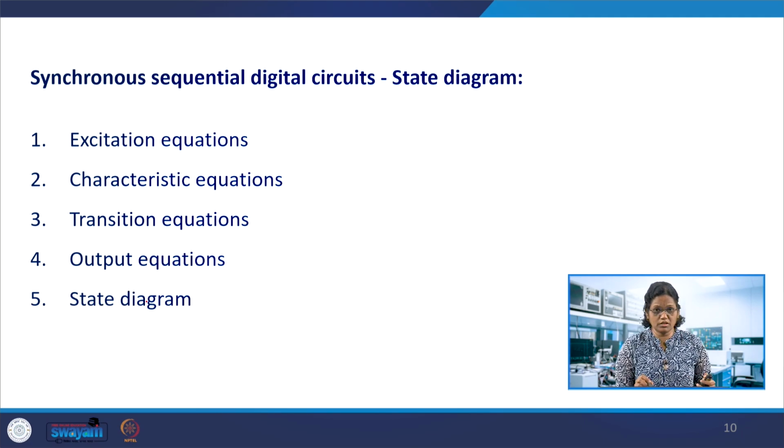Then obtain the state transition table, assign the states some alphabets, and then draw the state diagram. The state diagram may even contain not alphabets, it can have 0s and 1s also. It works in just the same way.